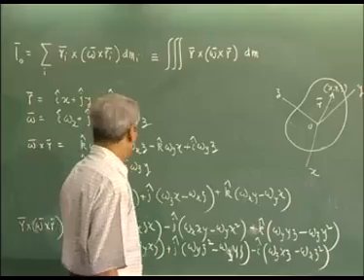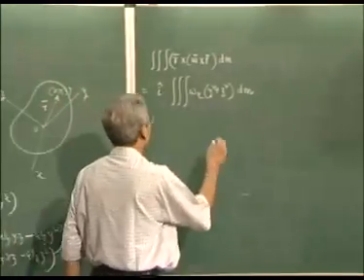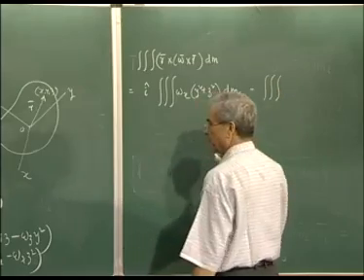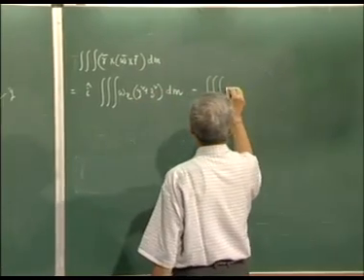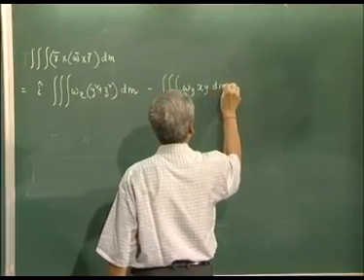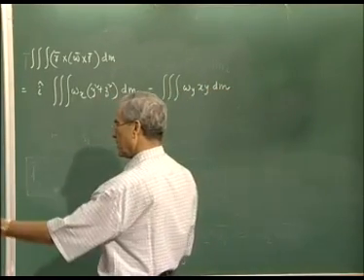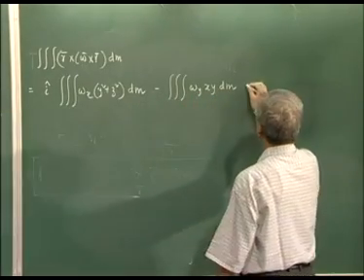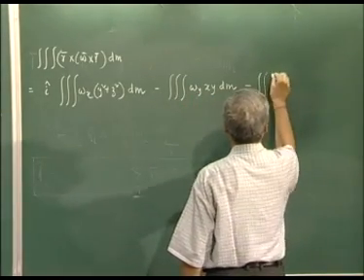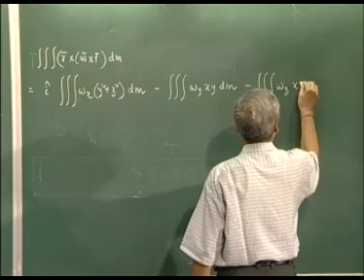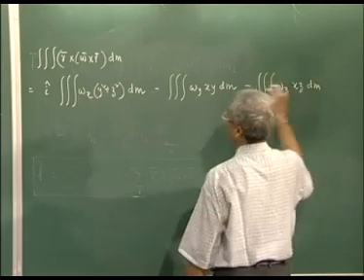This is minus omega y x y dm, minus omega z x z dm.